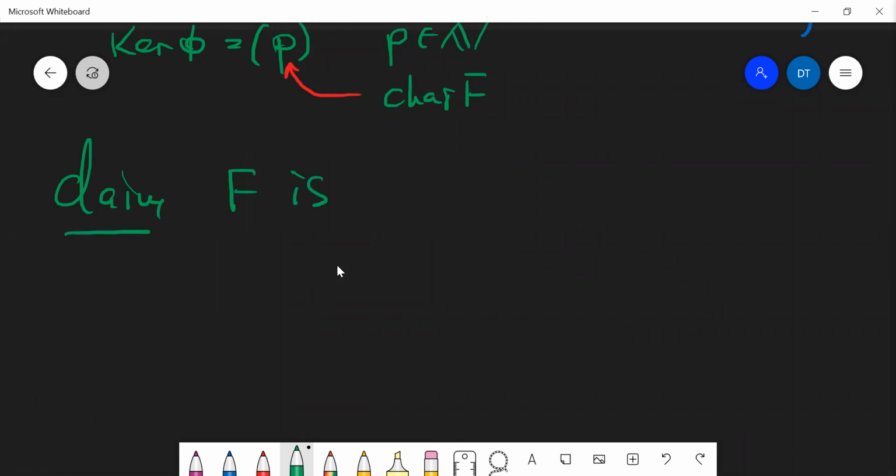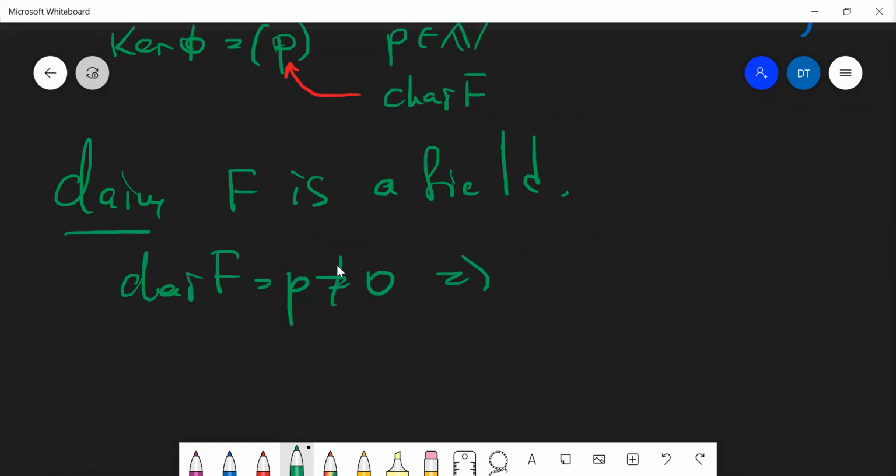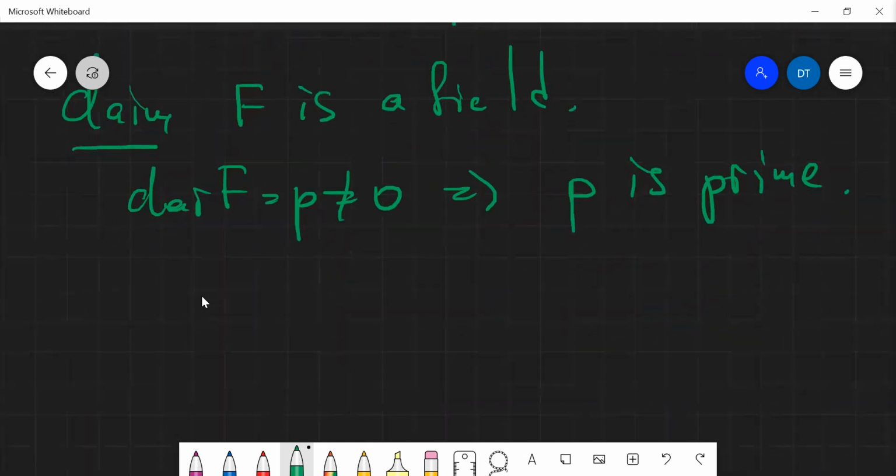Suppose F is a field, and suppose that the characteristic of F is non-zero. Then p is prime. For example, it's impossible to have a field of characteristic 6 because 6 is not prime.